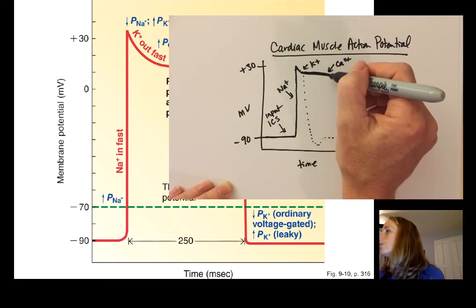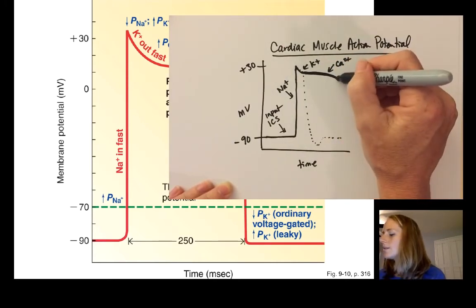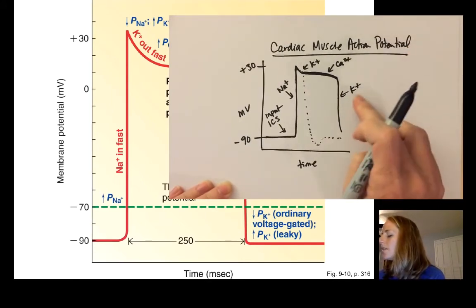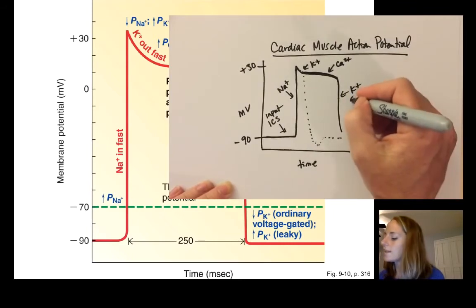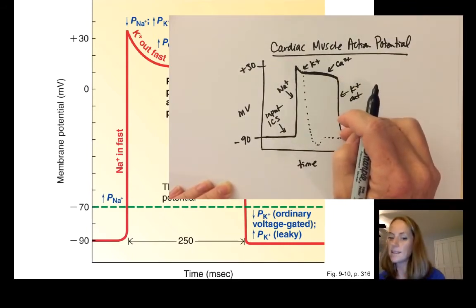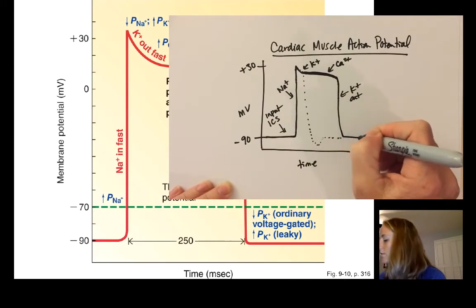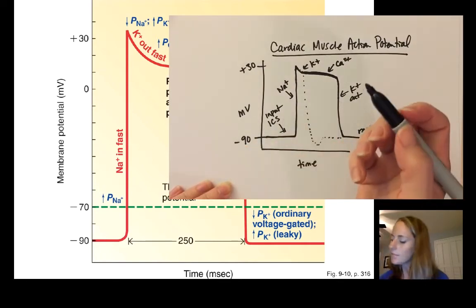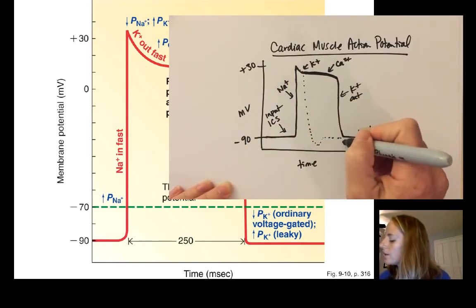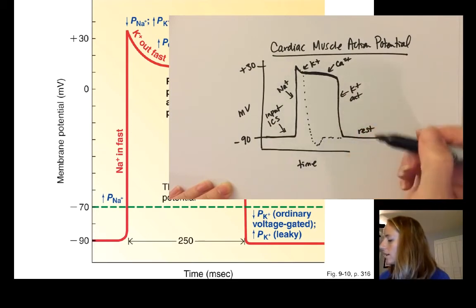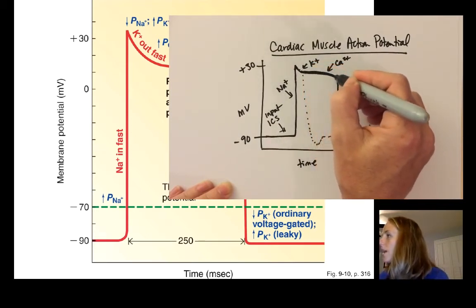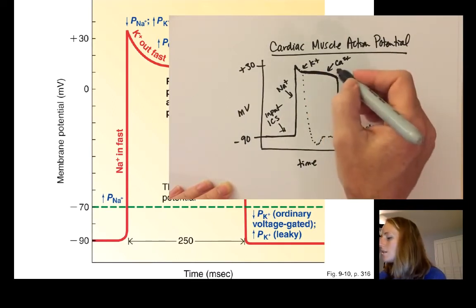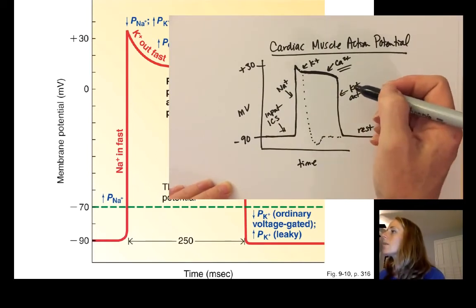So we're going to hold depolarization in the muscle cells and then allow the potassium to take over. Then potassium will take over. We'll have potassium out, repolarizing the cells back to rest at minus 90. So note here that there is no after hyperpolarization, that the plateau phase extends the depolarization phase much longer than a normal action potential, and that you have the importance of calcium as well.